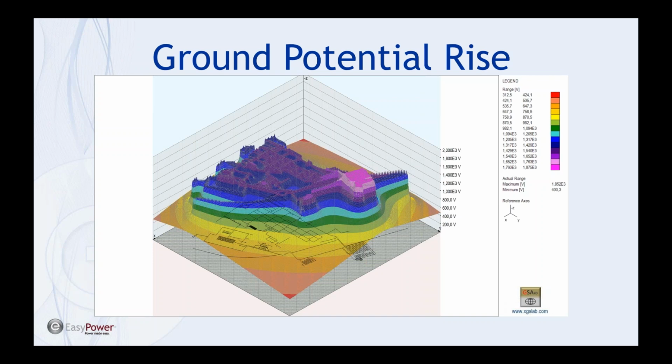The ground potential rise is different through this large area because of the impedance of the conductors involved. You can see that the pink area on the right side is probably where the fault's located, and the farther you get away, the less current's leaking out of the conductors. It always takes the lowest impedance direct path back to the source, and so it's going to leak out more from the point of the fault and less elsewhere.